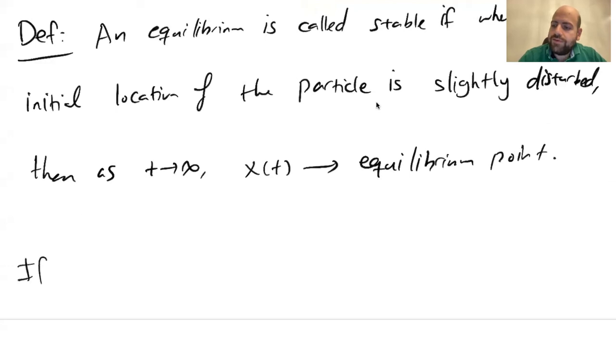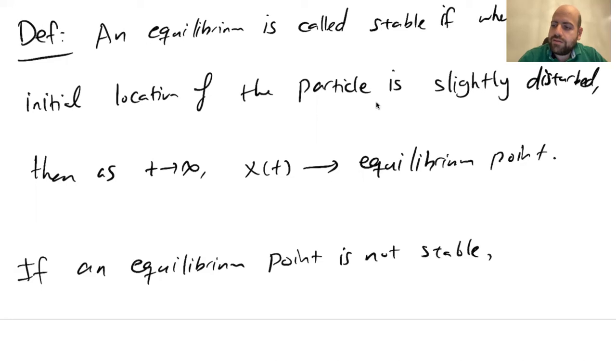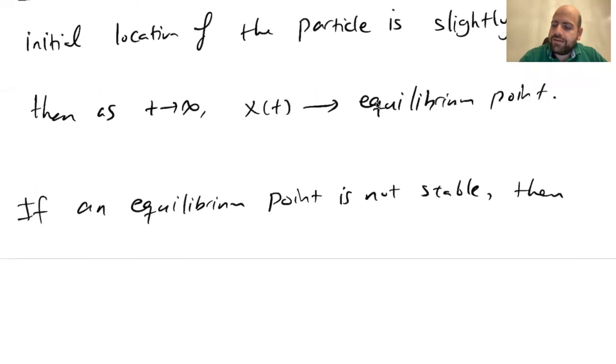And if an equilibrium point is not stable, then it is called unstable.